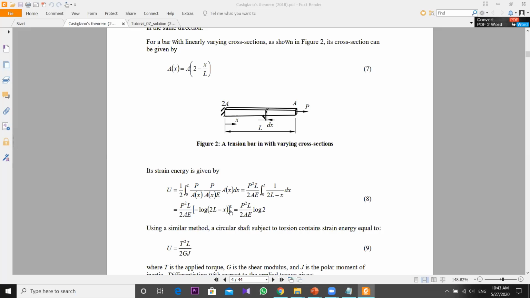So introduce the limits. When you have an upper limit and lower limit, you introduce the upper limit first and minus the lower limit. So 2L minus L, that is L, log L, and then 0, this is minus 2L.